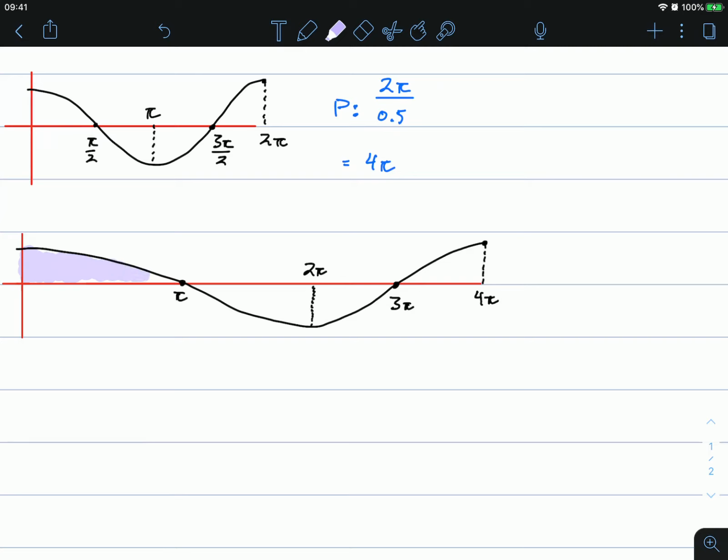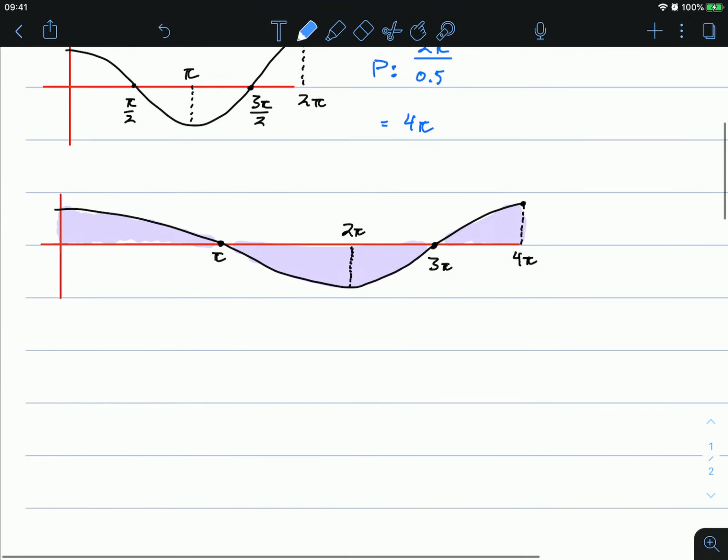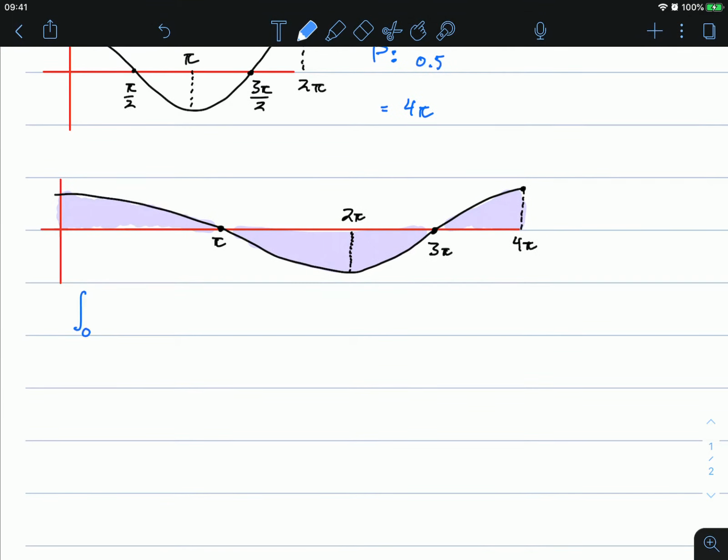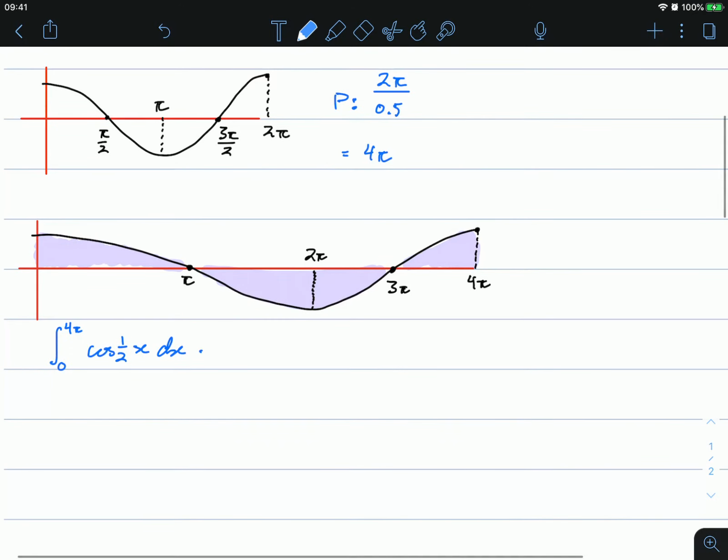Now the reason why it's very critical that we graph this, or sketch it, at least even in our mind, is because we're looking for this area that I'm highlighting in purple. If we were to evaluate the following integral, 0 to 4 pi of cosine half x dx, we would get the area of 0, because the areas of 1 and 2, if you were to add them, would be cancelled by the area of 3. This is because this area here is below the x-axis, giving us a negative area.